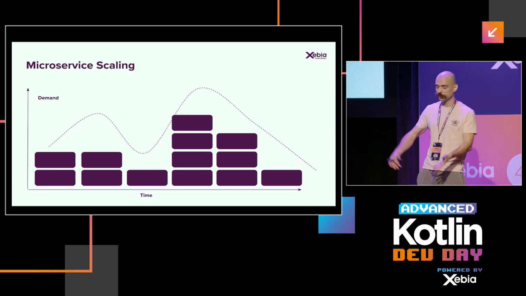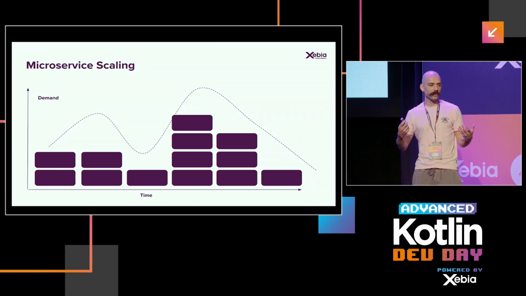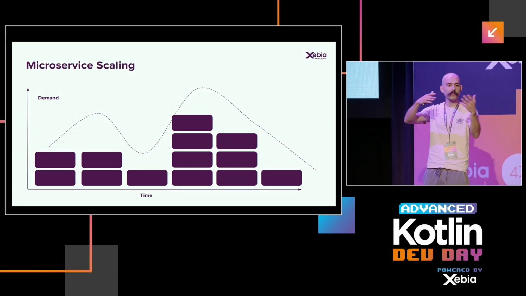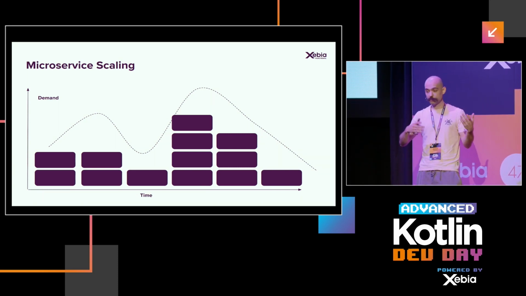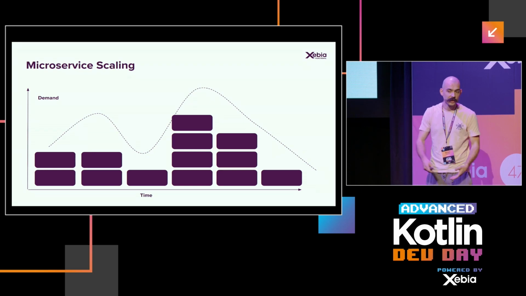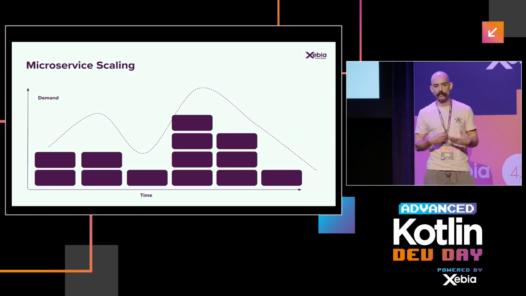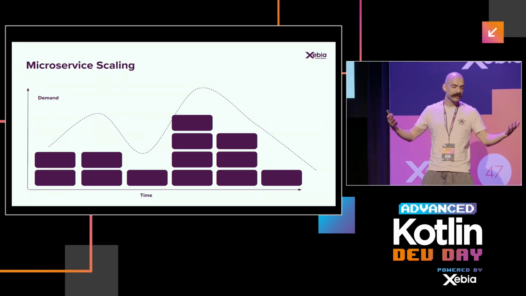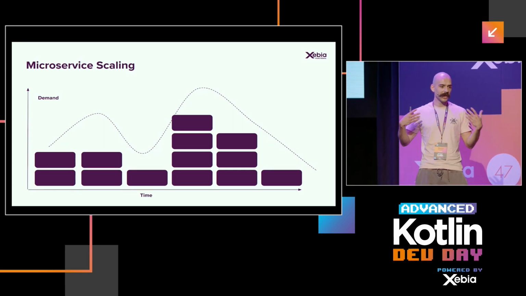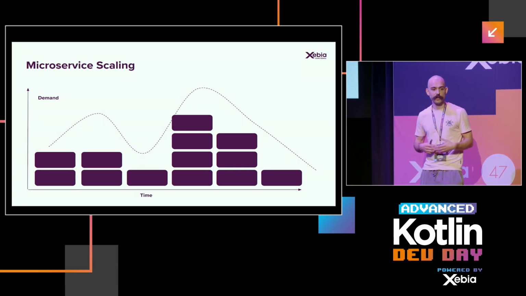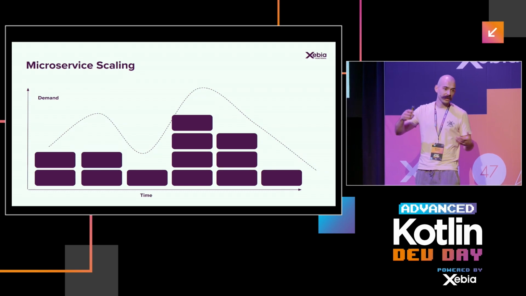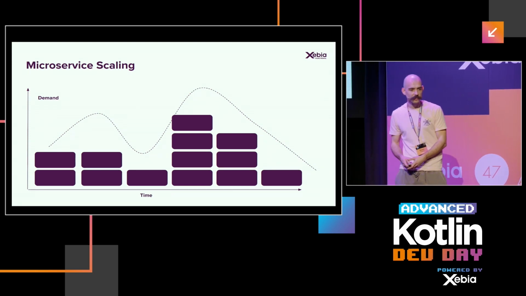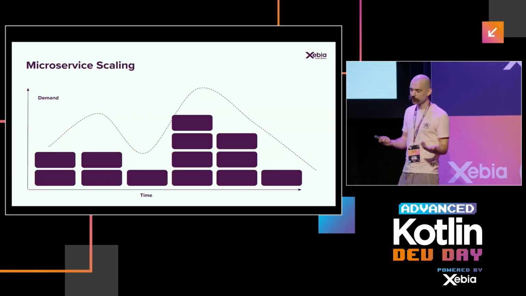So we need to scale up our system to handle this traffic. When people go to sleep later in the day, traffic dies, so we can start cleaning up our resources, our machines again. We want to do this because we have an energy crisis, so we want to save energy. We don't want to waste energy or resources. Also, we want to keep our bills as low as possible because we don't like to pay for things that we're not needing or using.